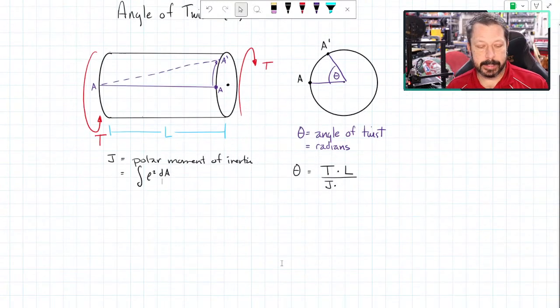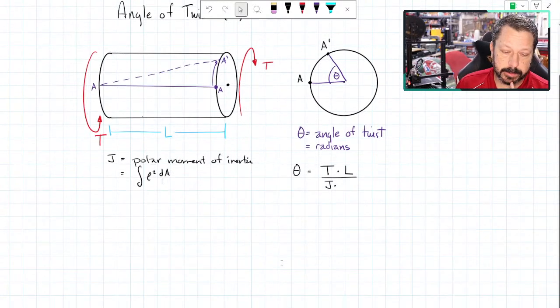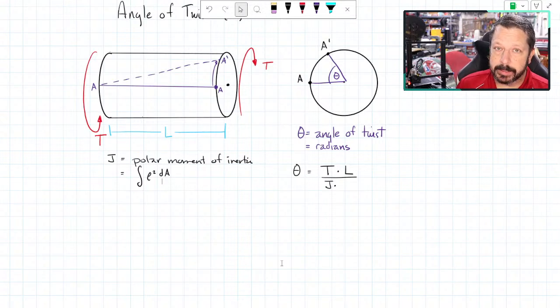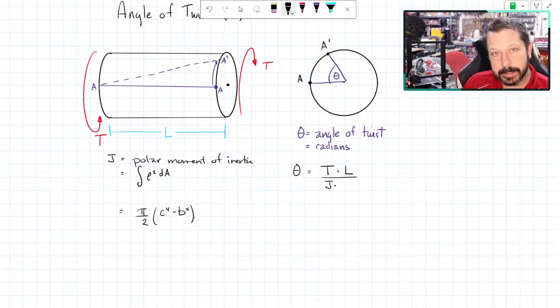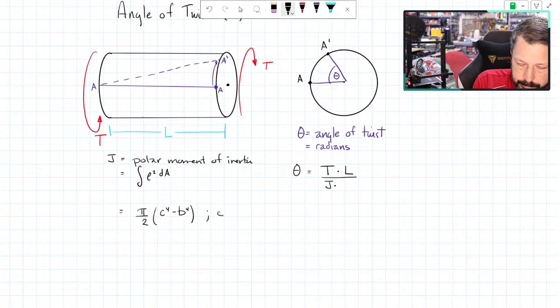But instead of integrating the cross-section every time with this equation, first of all, we limit our calculations to circular shafts, so shafts that have circular cross-sections, and then evaluate that circular cross-section in this integral of rho squared dA, and we get J equals pi over 2 times c to the fourth minus b to the fourth, where c is the outer radius and b is the inner radius.